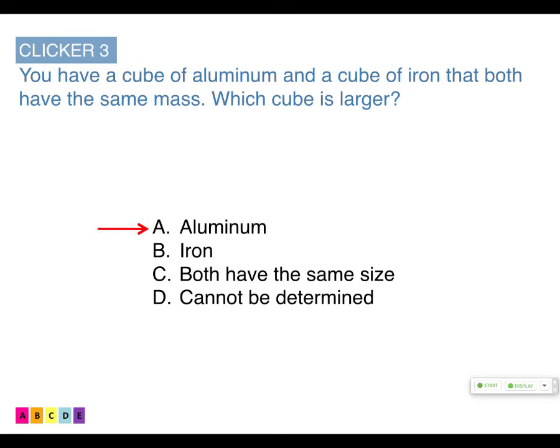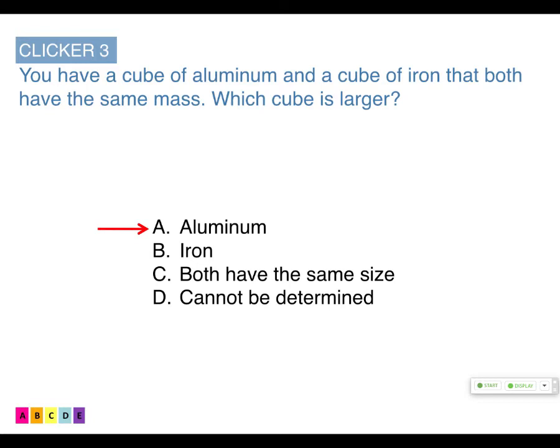Now, why? It's less dense. Aluminum is less dense, which means you're going to need more of it to get to the same mass. Let's say you want a kilogram of rocks, a rock this size.